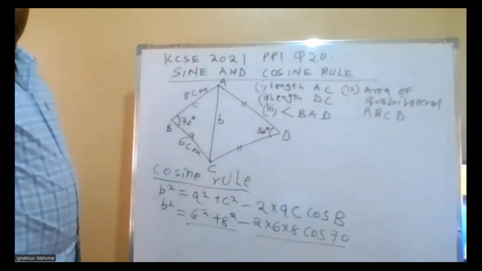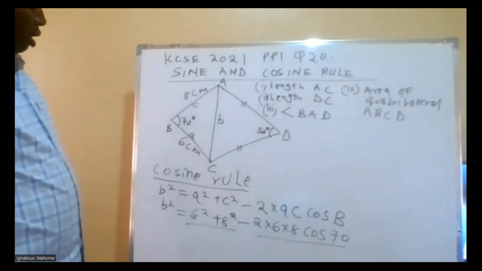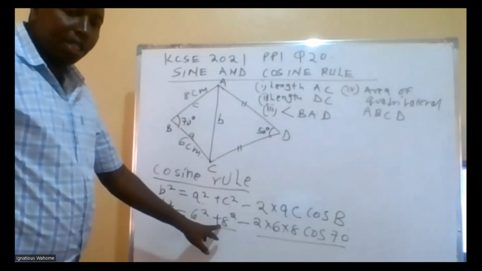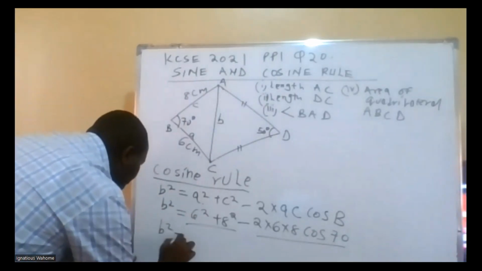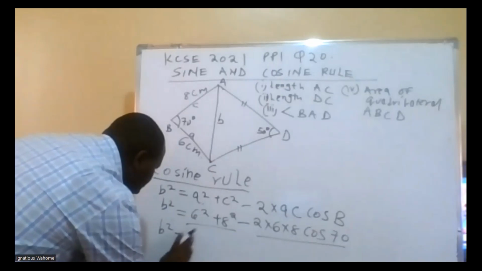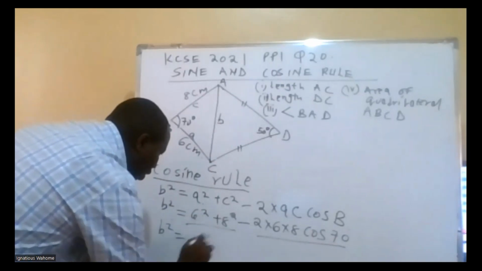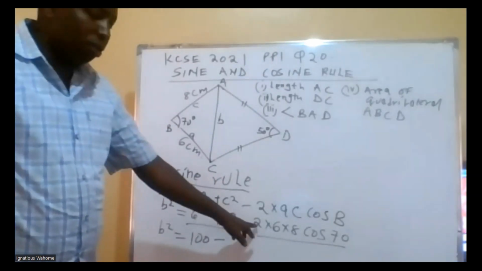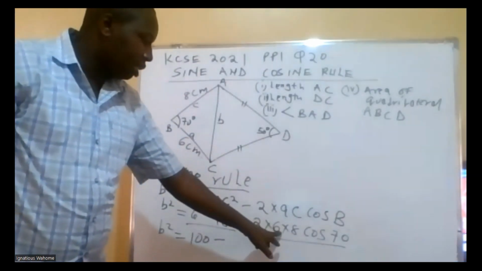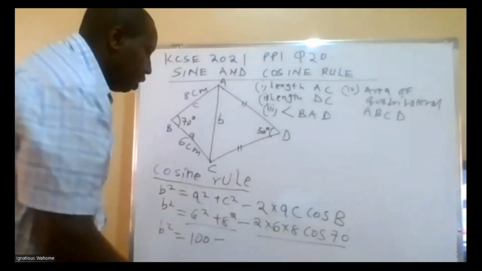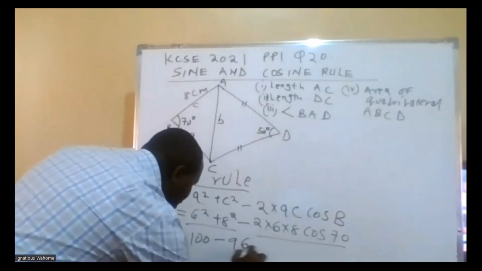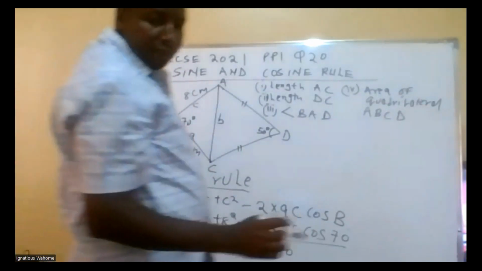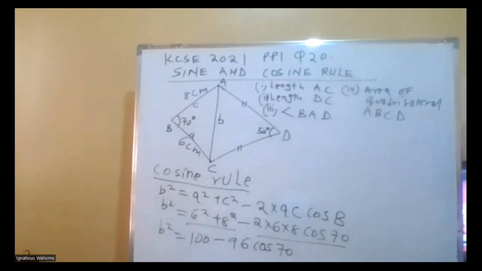Work that out. 6 squared is 36, 8 squared is 64. So b squared is equal to 36 plus 64, that's 100, minus 2 times 6 times 8, that is minus 96 cos of 70.